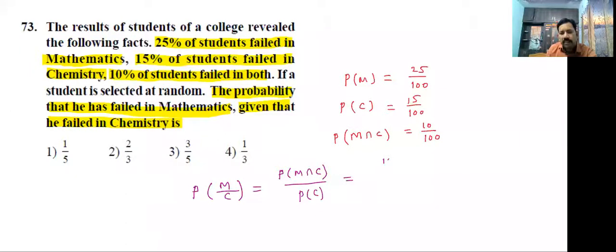M intersection C is 10 by 100 and P of C is 15 by 100. The 100s cancel. 10 by 15 is 2 by 3, since 5 threes are 15. So the second option is correct.